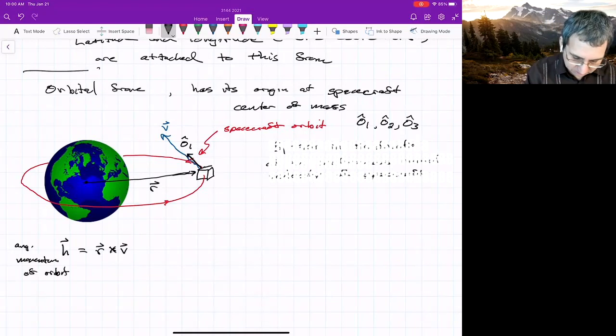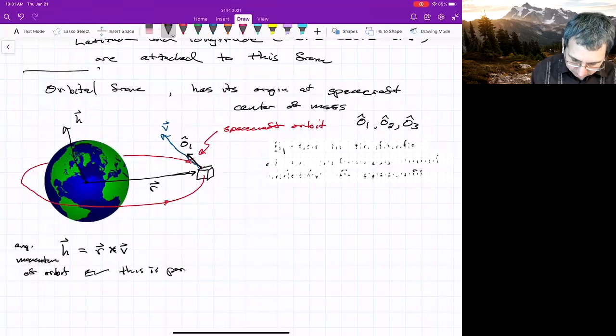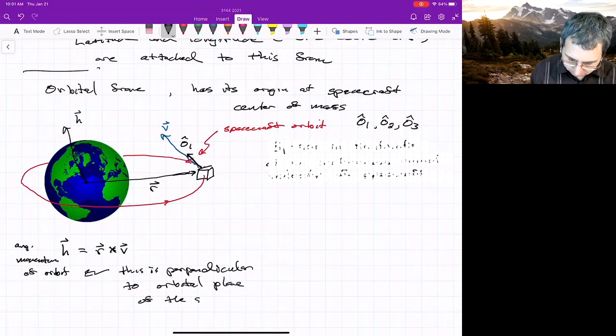Let's just say we have our h vector here. So the angular momentum of the orbit is perpendicular to the orbital plane of the spacecraft.